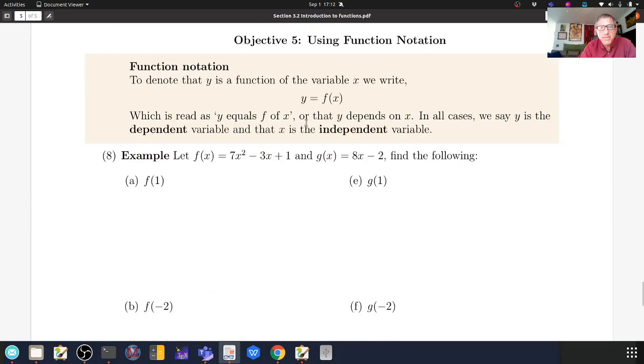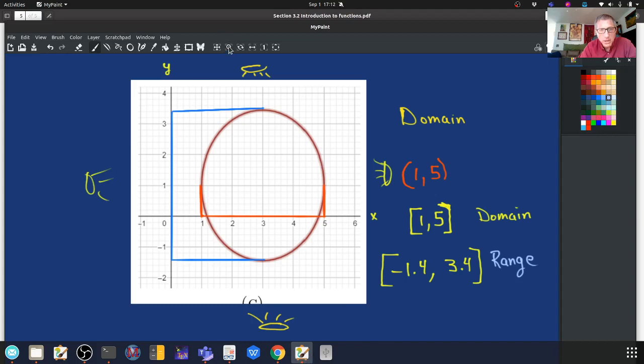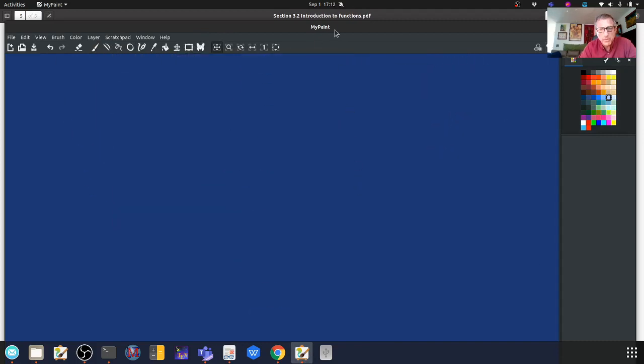So using function notation. Here I'm going to introduce another concept of a function. A function can be considered to be a mathematical rule. Many times we consider the function to be a machine.